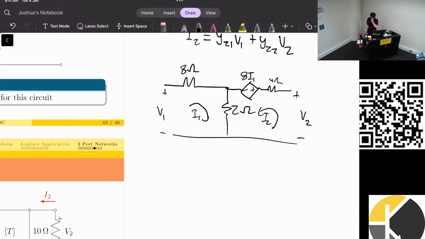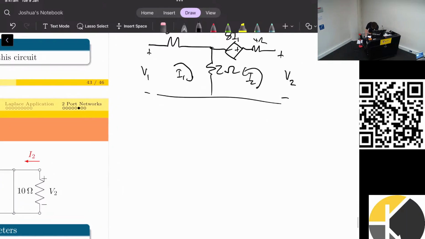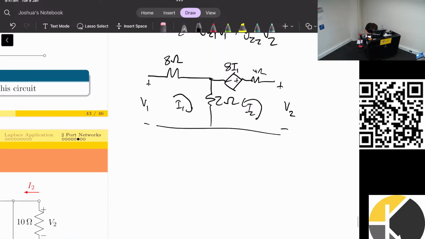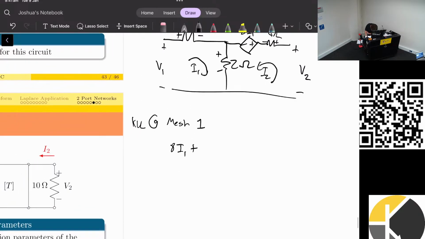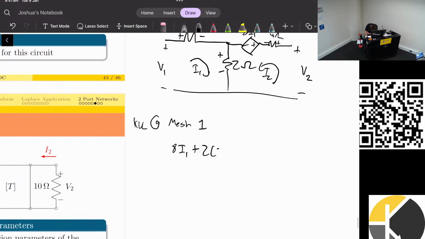I'm going to do some mesh analysis. The first thing is we are going to do mesh 1, which will just be 8i1 plus 2i1 plus I2 equals V1.